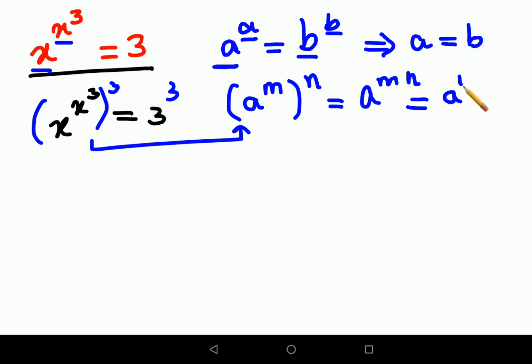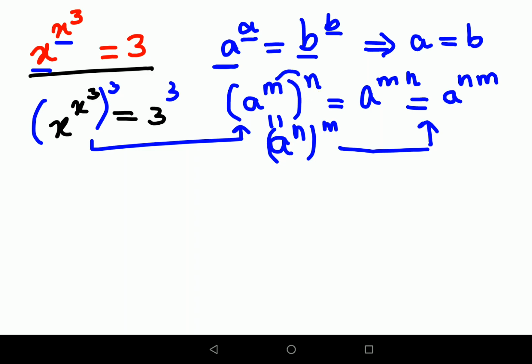It doesn't matter whether you do n into m or m into n, your answer will come out the same. So a raised to n into m is also equal, which means I can interchange the indices. So here I'll put my 3 ahead. This will look like x cube, the whole raised to x cube. It is raised to 3 raised to 3.